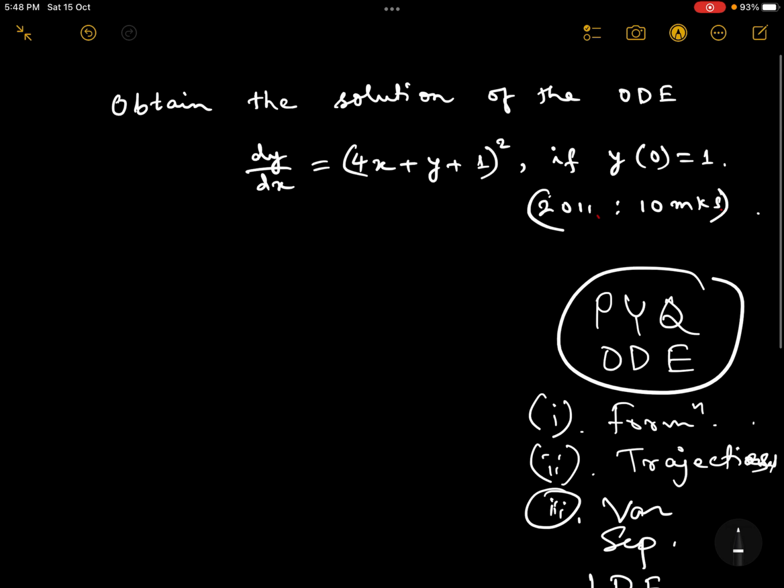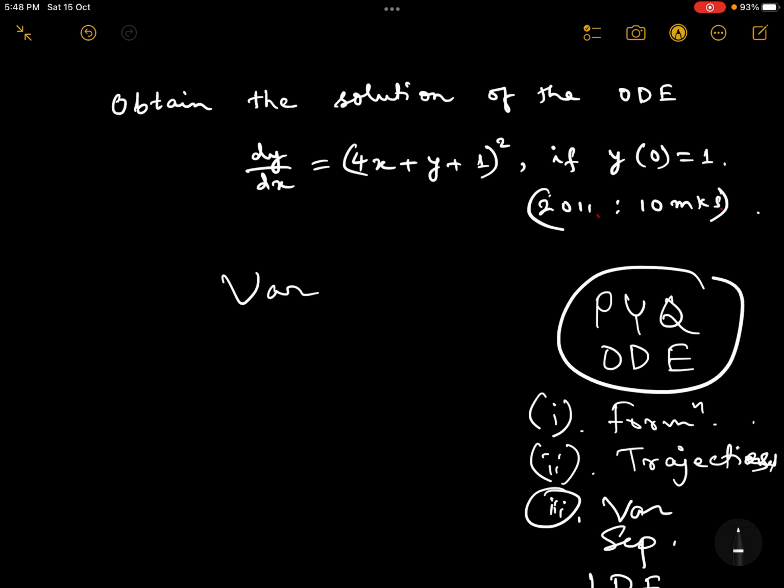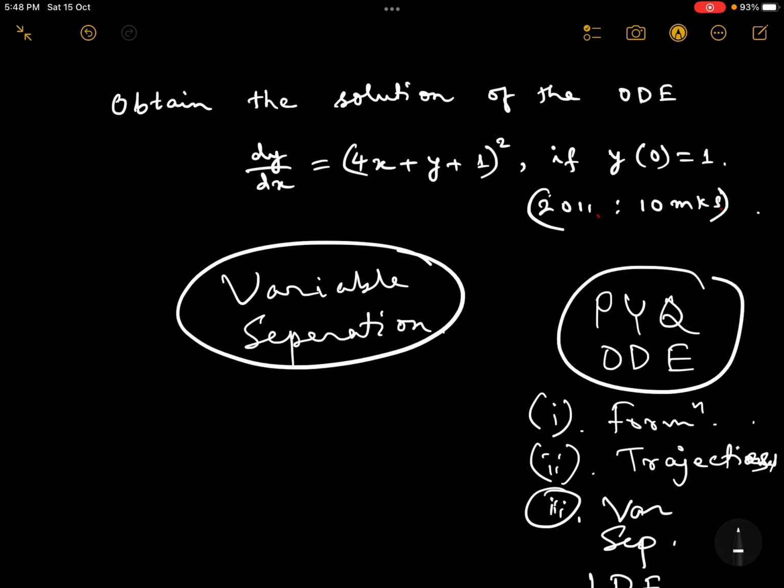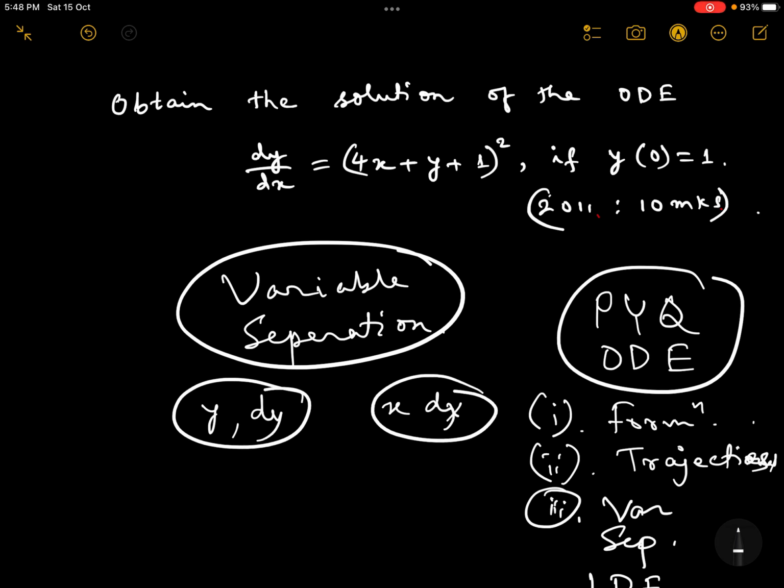Okay, so I'll start with the variable separation method. This method is not difficult at all. We just have to separate the y and dy terms and the x and dx terms. So we just have to separate it and then integrate it.